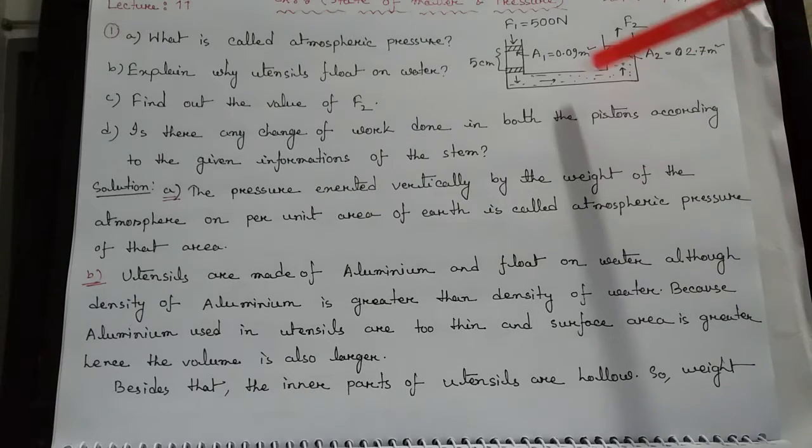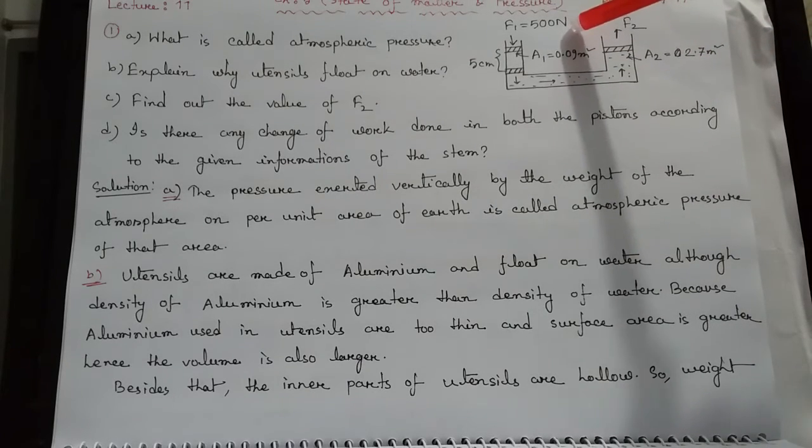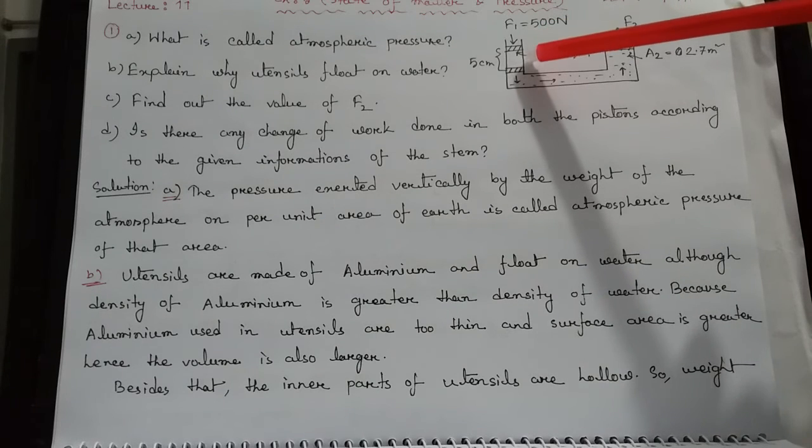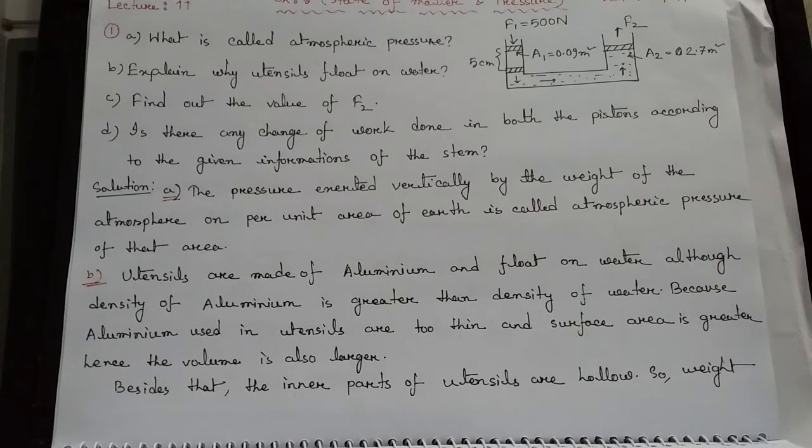And as the force of 500 Newton is applied on the first piston, it displaces by an amount of 5 centimeter. That is also given in our stem. This was our stem, where the cross-sectional areas of two pistons are given, the force applied on the first piston is given, and the displacement of the first piston is also given.